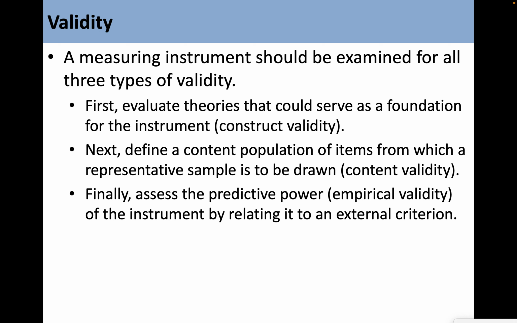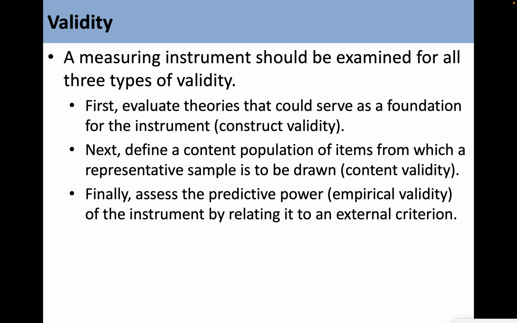Then next, we define the content population of items from which the representative sample is to be drawn. And this would be that blood that we're talking about. We're talking about a tube full of blood or a sampling of that blood. And it has to be well mixed when we sample it, so it's just like it is in somebody's body.